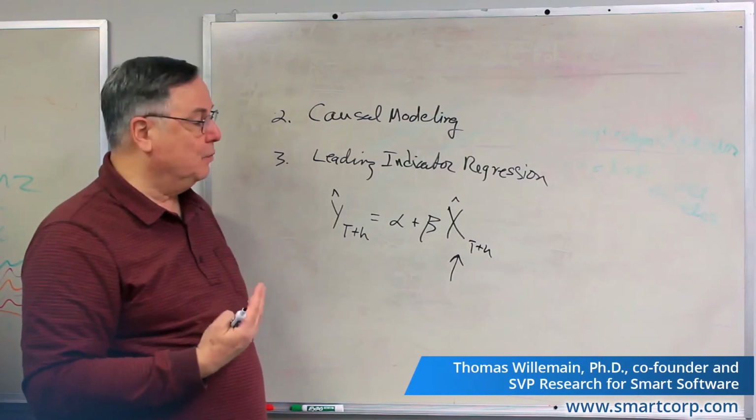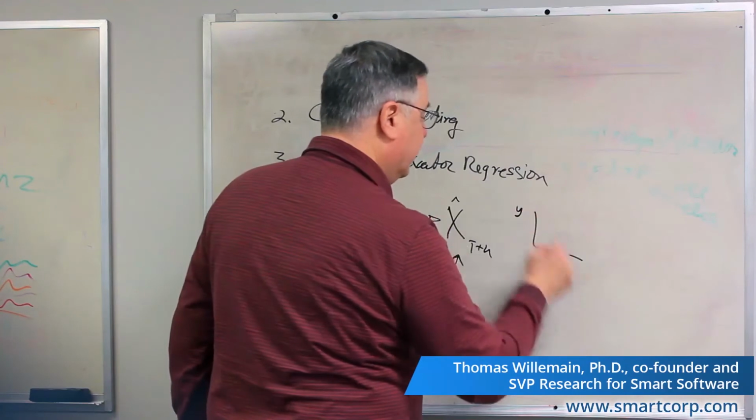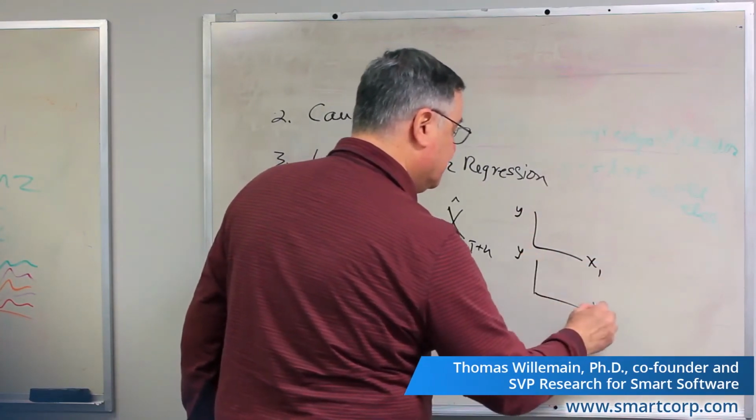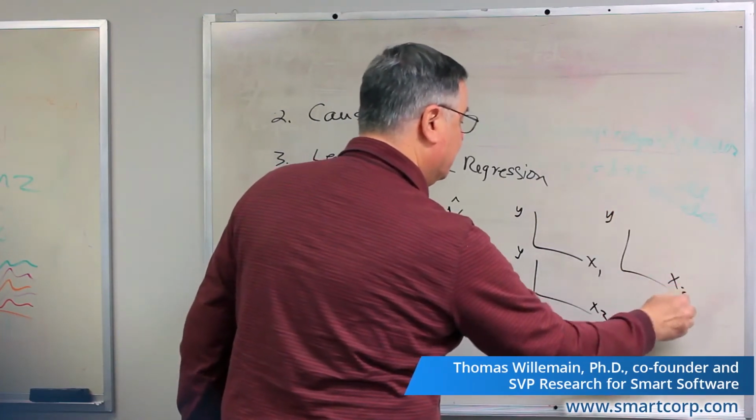But you could look at them one at a time and make a scatter plot of y against, say, the first possible x, and y against the second possible x, and y against the third possible x.